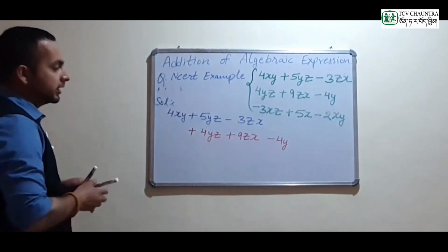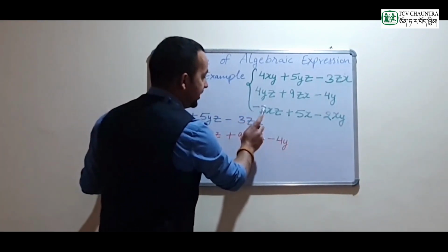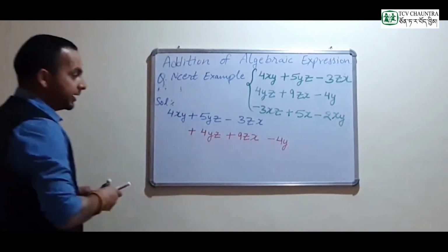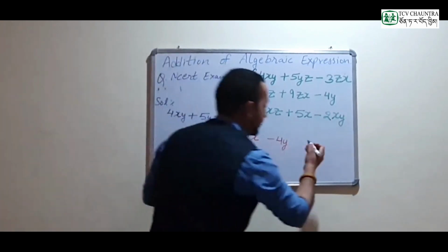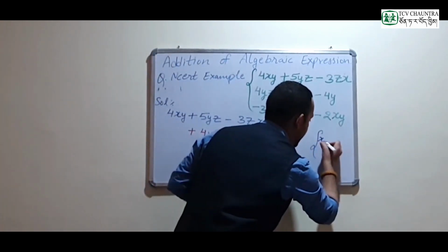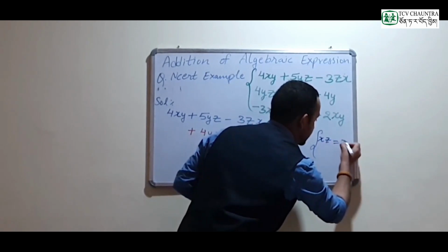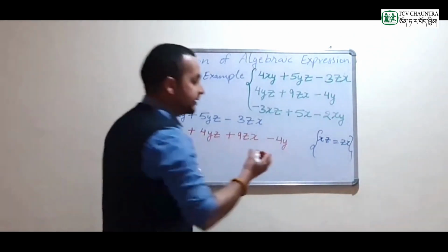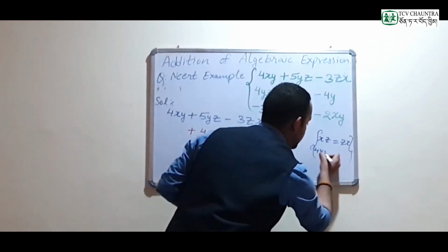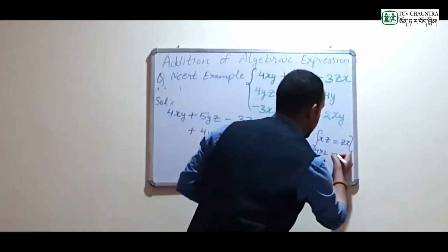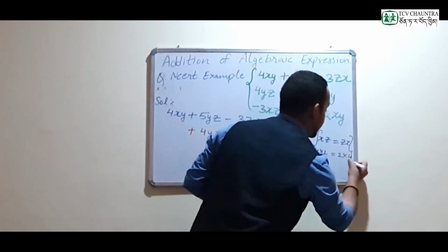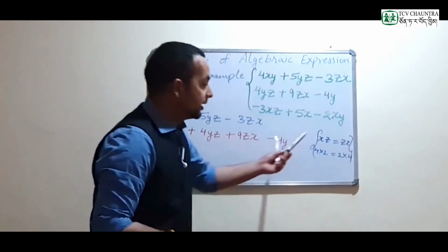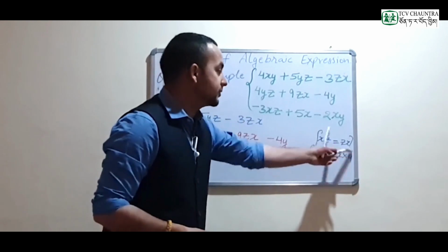Similarly, we are writing negative 3xz. XZ equals ZX.